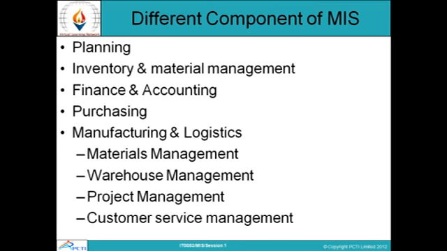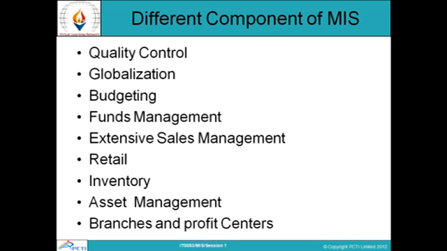Right? Now different components of MIS are planning, next is inventory and material management, next finance and accounting, next is purchasing, manufacturing and logistics, material management, warehouse management, project management, customer service management, quality control.